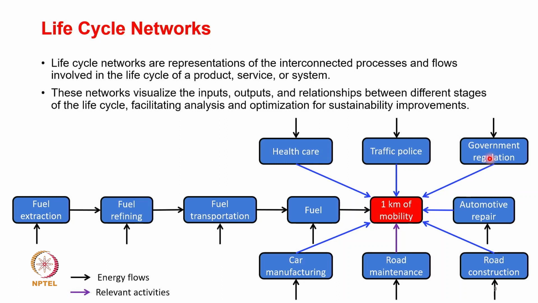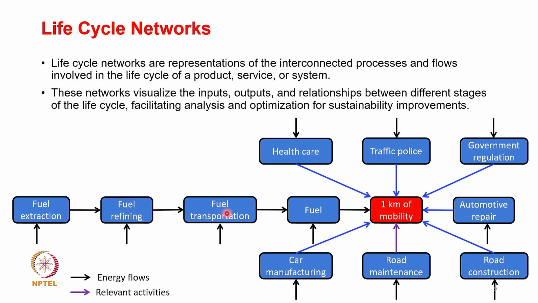To understand this life cycle on a simple basis, let's consider the case of travel. To achieve 1 kilometer of mobility, you need fuel. You will fuel your car, but the fuel is coming by transportation from the place of fuel refining, and the fuel reaches the refining location from the point of extraction.